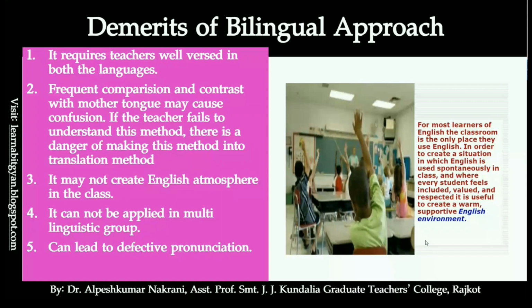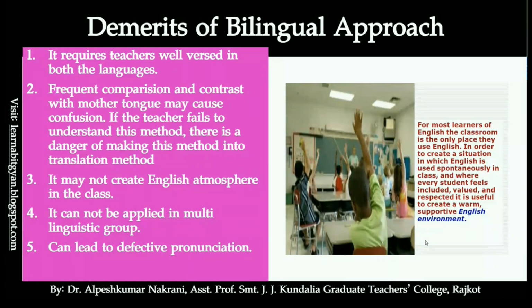Sometimes you frequently compare and contrast the mother tongue rules and concepts with the foreign language. It may create confusion among the students. This method may turn into grammar translation method straight away. This is the danger. As I told you, it may not create English atmosphere.